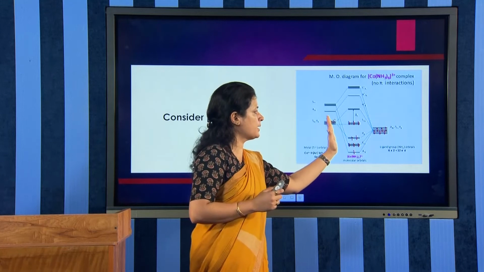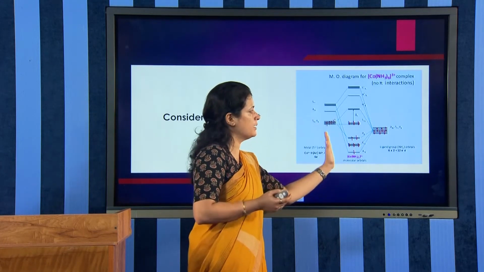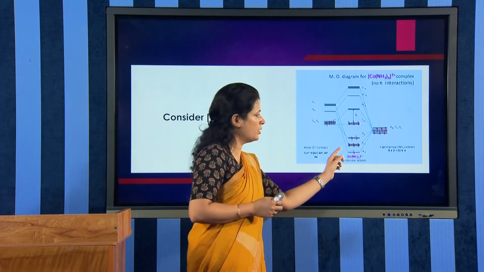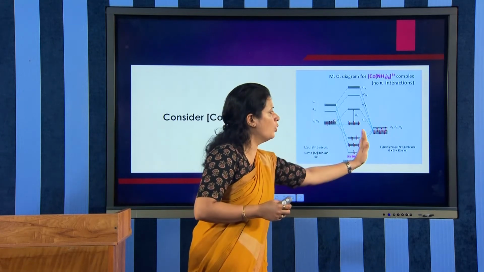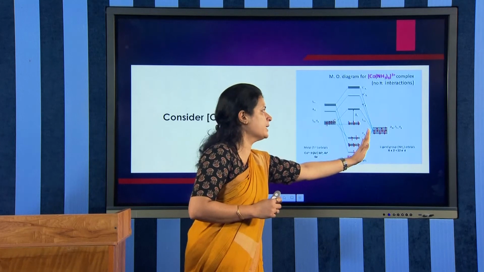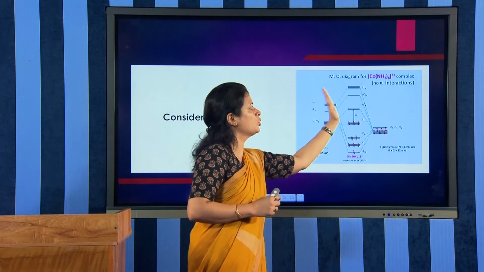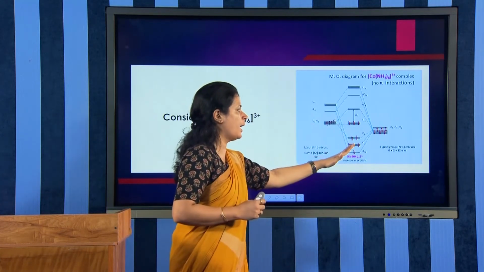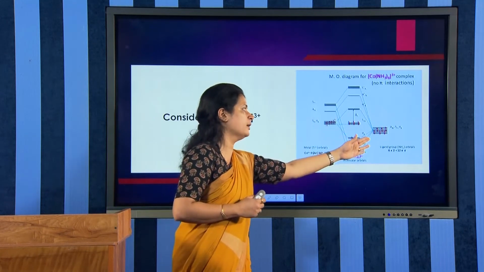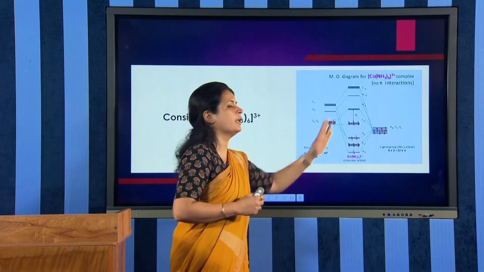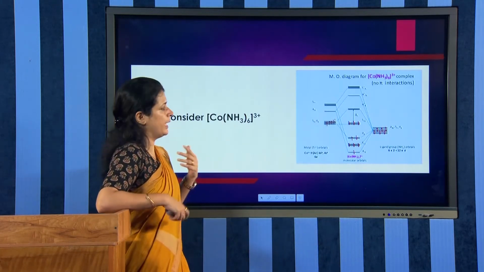That is why they are drawn in a slanting position: these orbitals are more to the ligand side and these are more to the metal side.